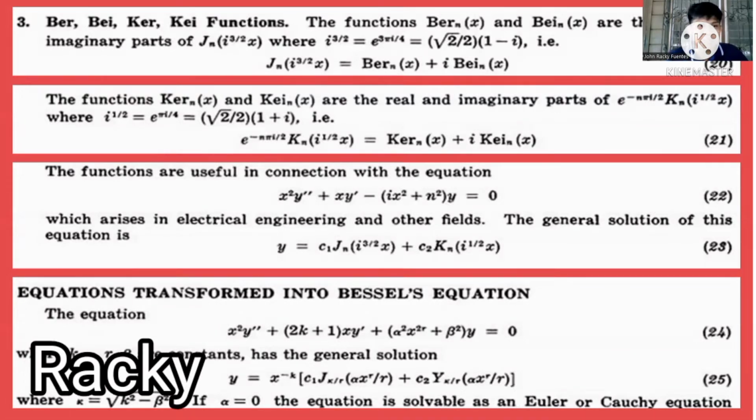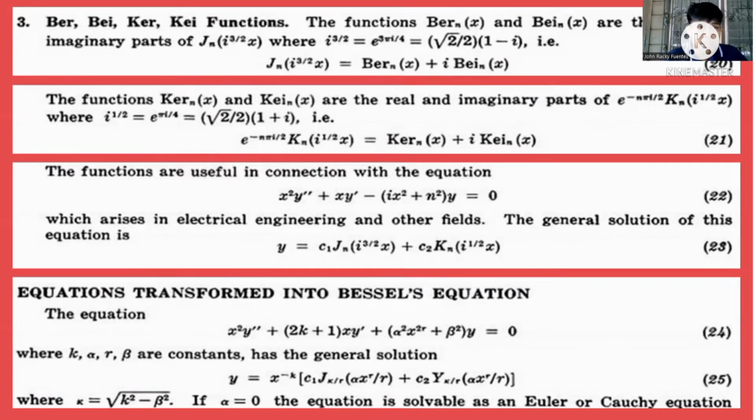My name is General C. Fuentes. Ber and Bei functions. The functions Ber sub n of x and Bei sub n of x are the real and imaginary parts of J sub n of i to the 3/2 x, where i to the 3/2 is equal to e to the 3 pi i over 4, which is also equal to square root of 2 over 2 times (1 minus i).